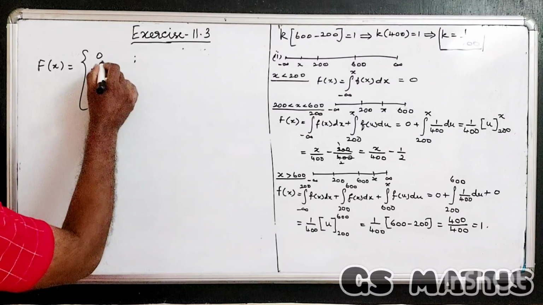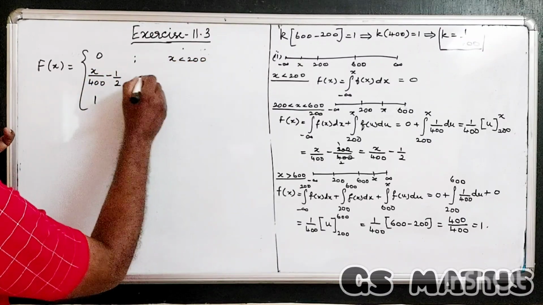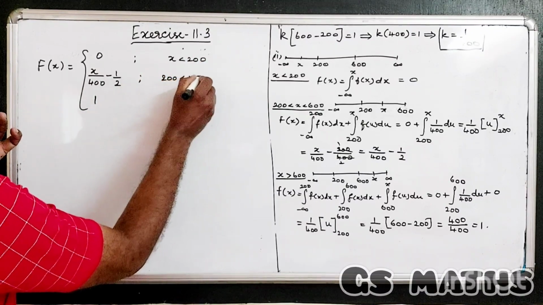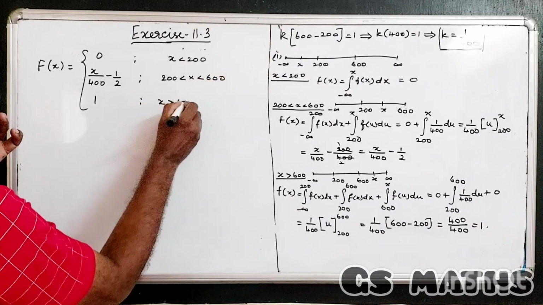Now write the intervals. 0 is when x is less than 200. The middle function is between 200 and 600, and 1 is when x is greater than 600.